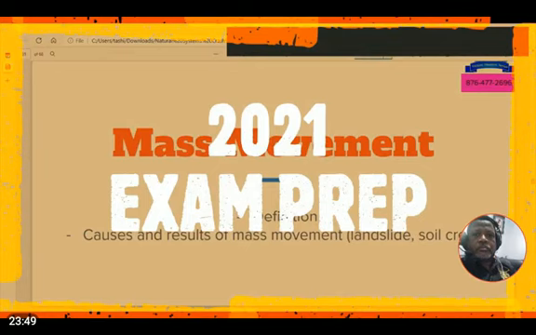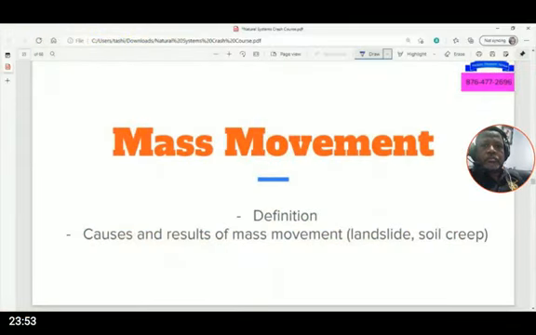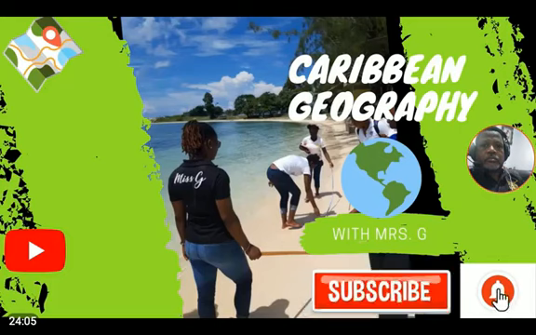So we are going to be moving to mass movement. So the syllabus asks us specifically to look at the definition and the causes and result of mass movements, specifically landslide and soil creep.